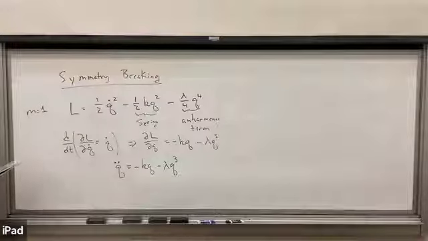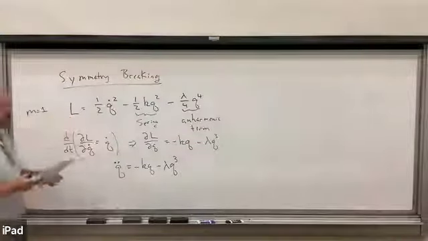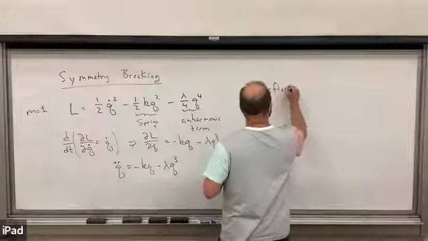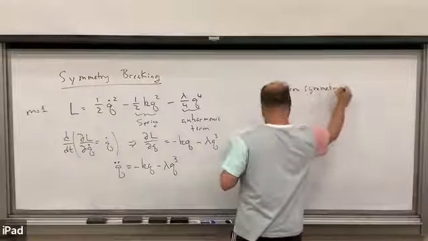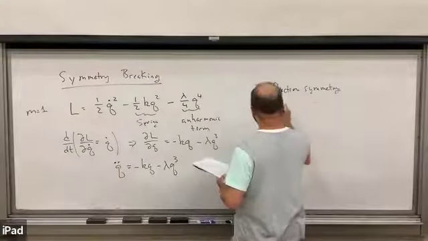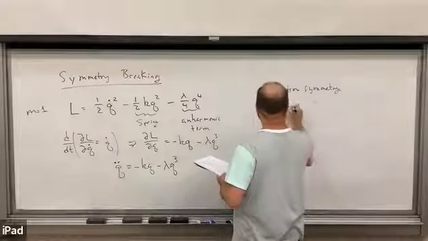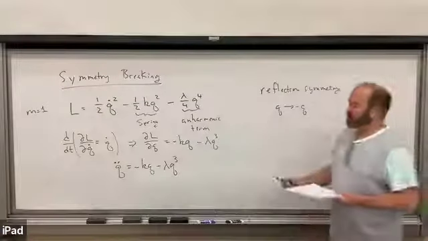Now if you look back at the Lagrangian, it has what's called reflection symmetry, which means that the Lagrangian remains unchanged under letting q go to minus q. That's really easy to see.